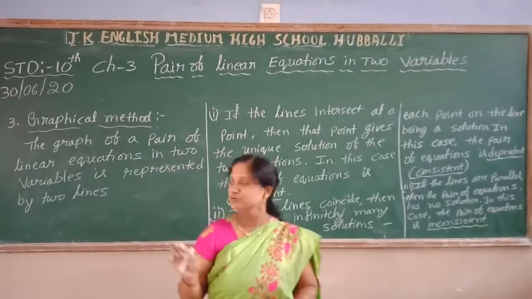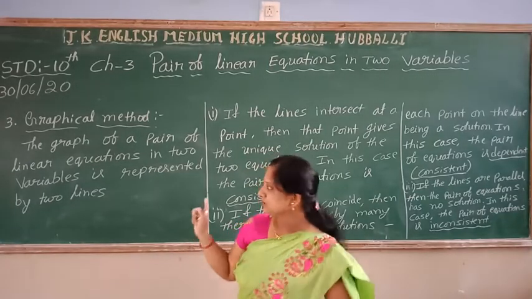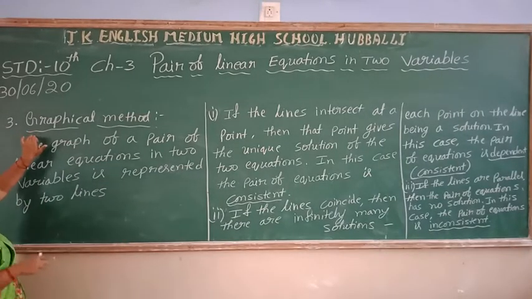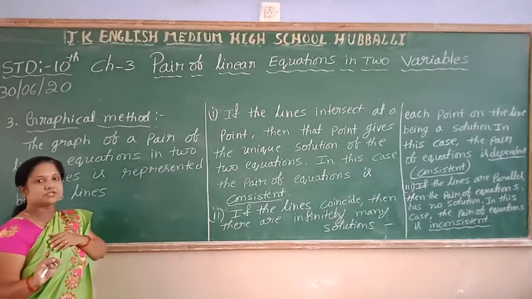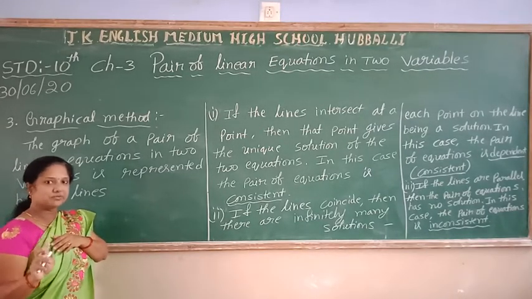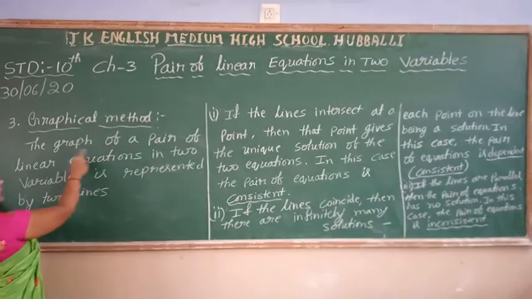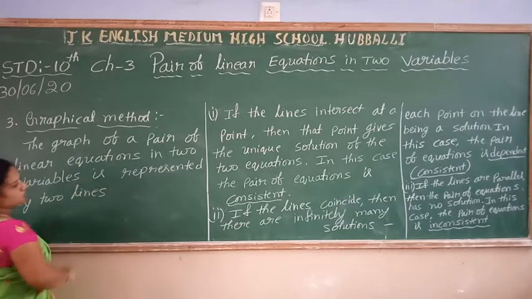Children, now I am going to continue some important points. Third point, already I explained 2 points. See, I told you we can solve a pair of linear equations in two variables using two methods. One is graphical method. In graphical method, the graph of a pair of linear equations in two variables is represented by two lines.